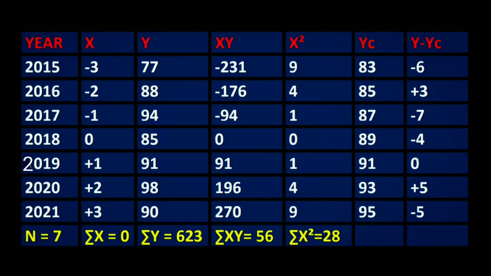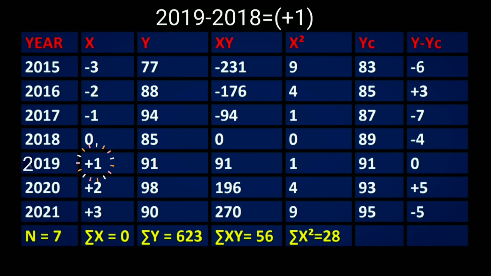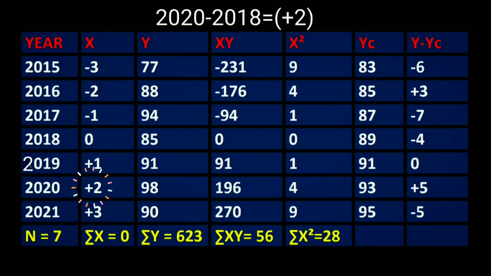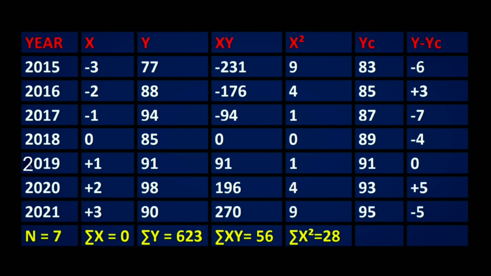After 2018, for 2019 it is +1 because 2019 minus 2018 is +1. Similarly, for 2020 the x value is +2 because 2020 minus 2018 is +2. And finally, for the year 2021 it is +3 because 2021 minus 2018 is +3.